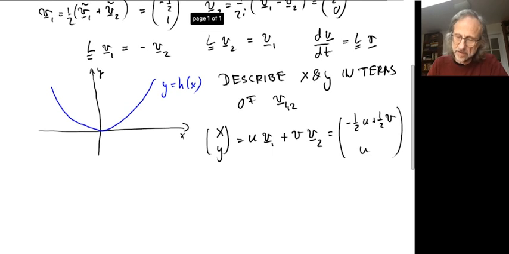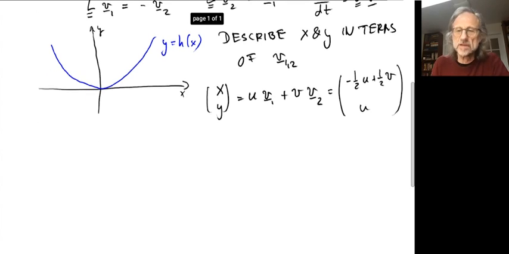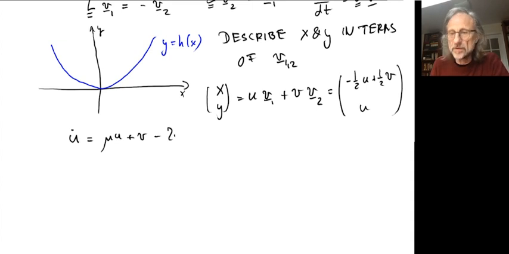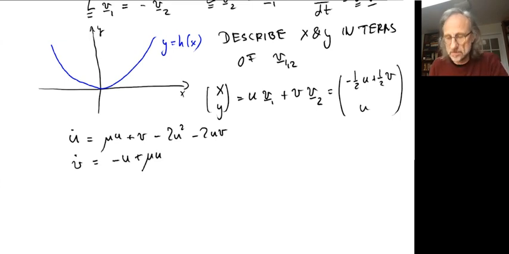That means we can now rewrite the equations that were originally phrased in x and y, which are just some coordinates, in the coordinates u and v, which span the center eigenspace. If you do that, let me skip the algebra, you just plug in, and you get equations: u dot equals mu u plus v minus 2u squared minus 2uv, and v dot is minus u plus mu v plus 2u squared minus 2uv.